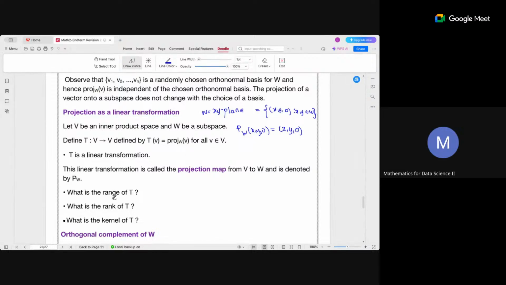Now what is the range of T? All the vectors projected are going to lie on W. What is the rank of this projection? The range is W, and the rank is nothing but the dimension of W. And what is the kernel of T?